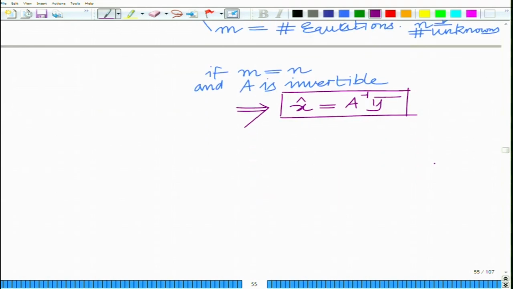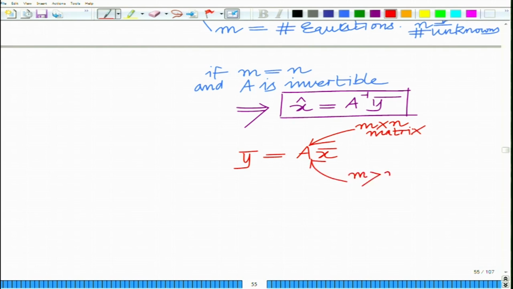Now, however, frequently what we have is that y bar is not exactly equal to A x bar, it is actually A x bar plus n, where n is the noise. So, this is the linear model, y bar equals A x bar, where A is your m cross n matrix and m is greater than n.